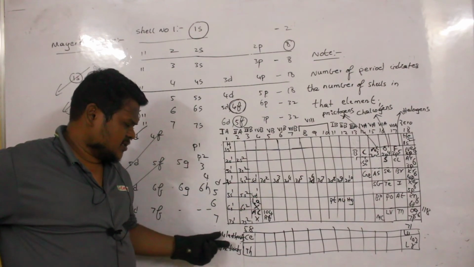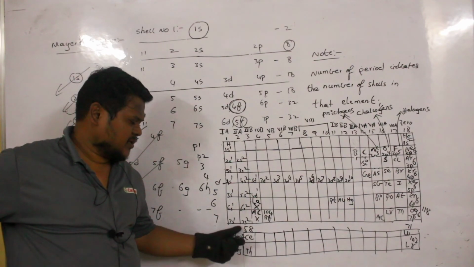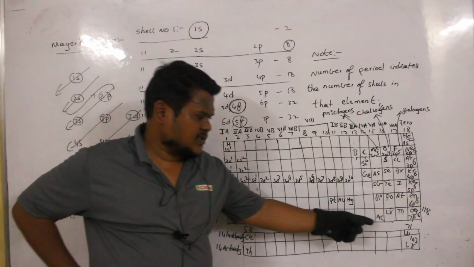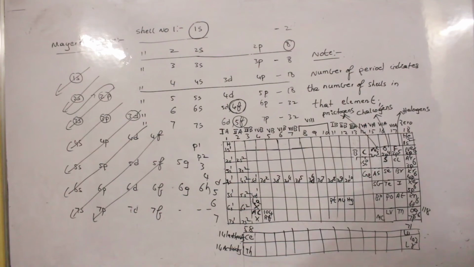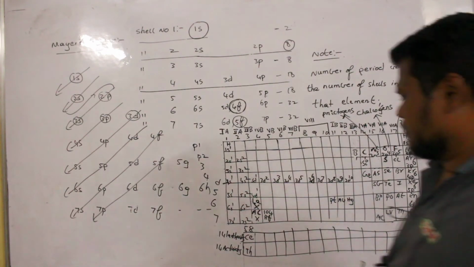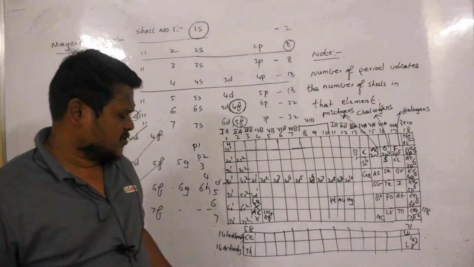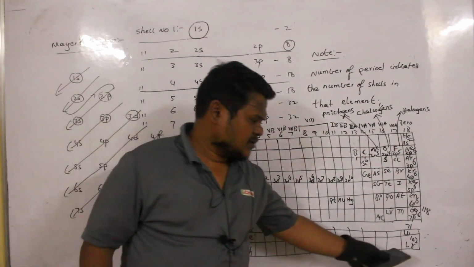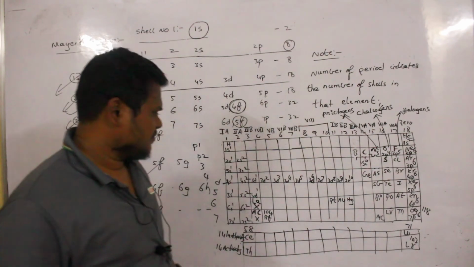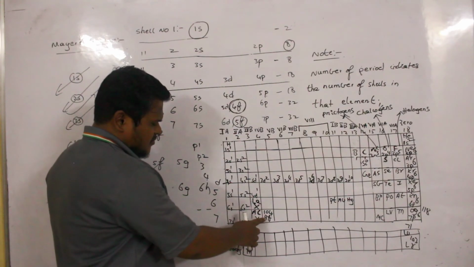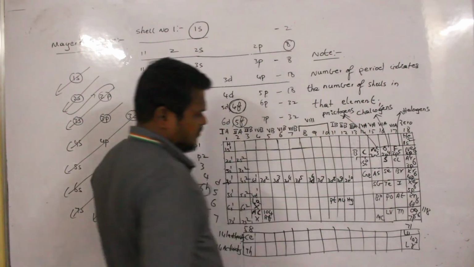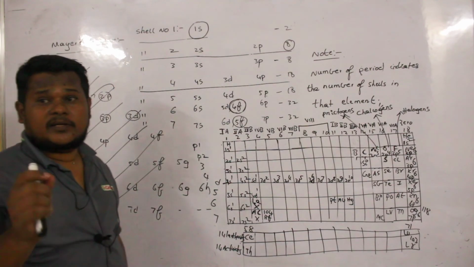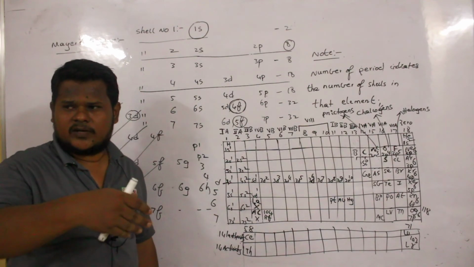So lanthanides, they start from cerium. Atomic number is 58 and it ends at lutetium. And actinides, they start from thorium and they end at lawrencium. Are you able to understand? And these elements are starting from 104. So these elements 104 to 118, they are called as transactinides. We have written it in the previous class.